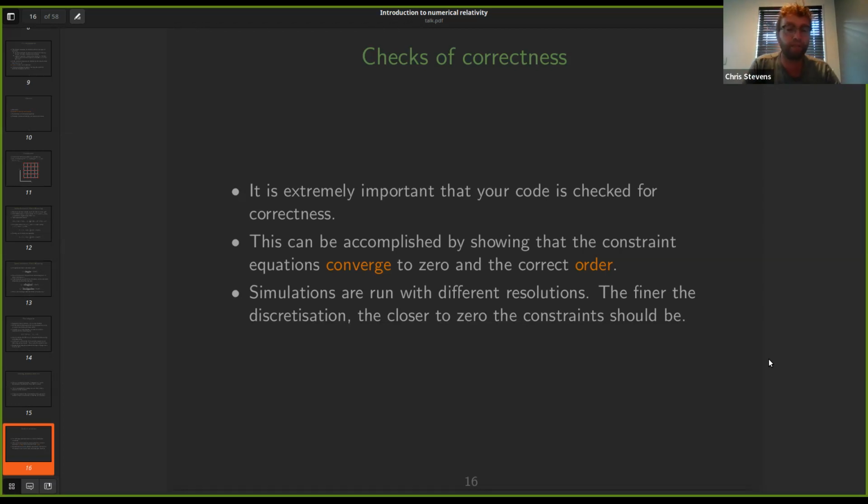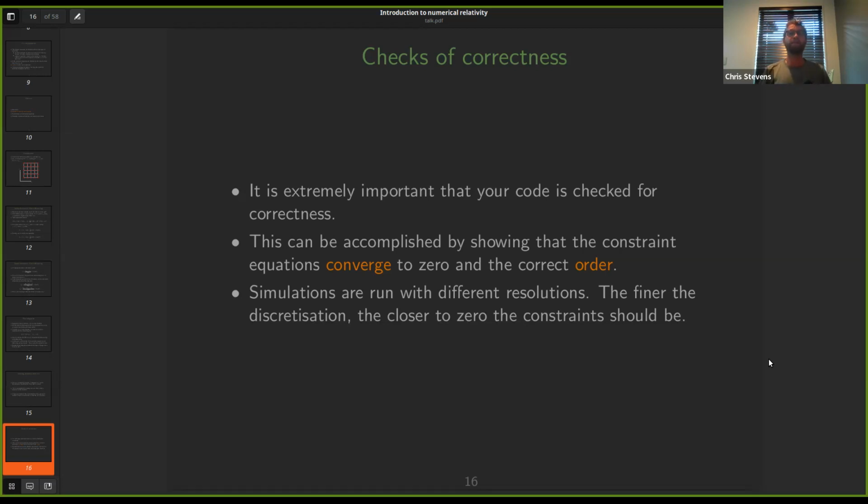You need to be really sure that your output is correct. There are lots of ways of doing this. A nice way, for example, is to show that when you increase your resolution, so as you have finer and finer spacings between your grid points, you approach an exact solution.